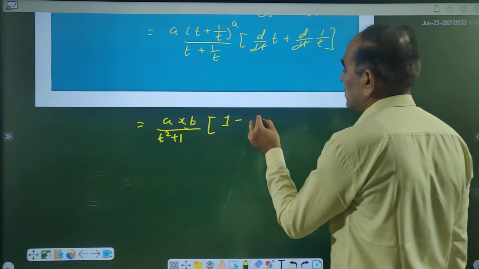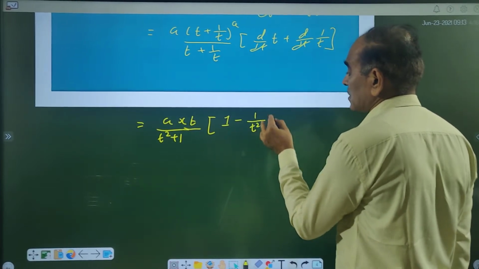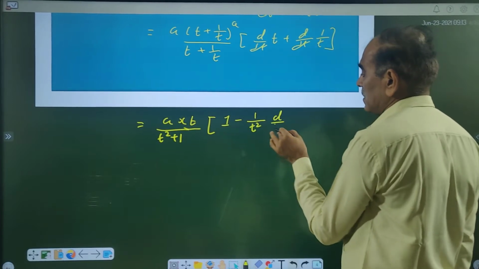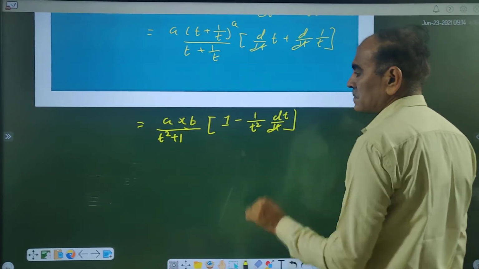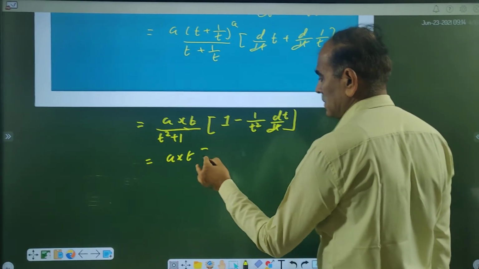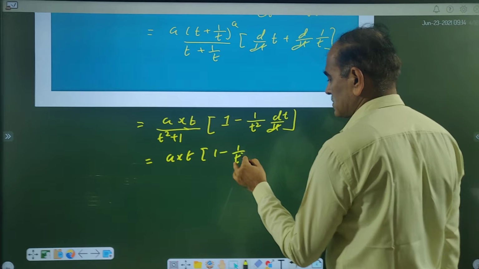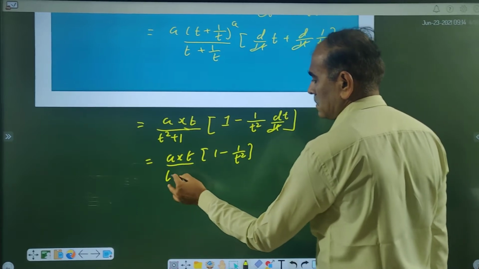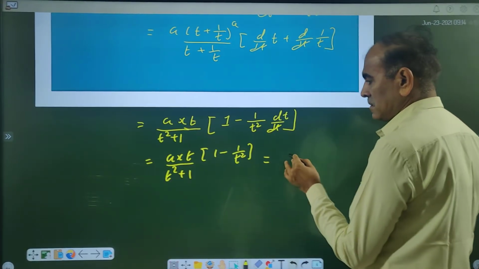Here, 1 by something square times d by dt of something. So that is equal to a x t into (1 minus 1 by t square) over t square plus 1.